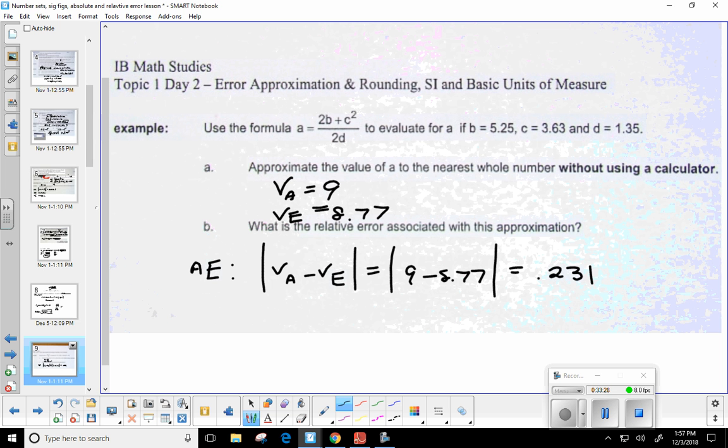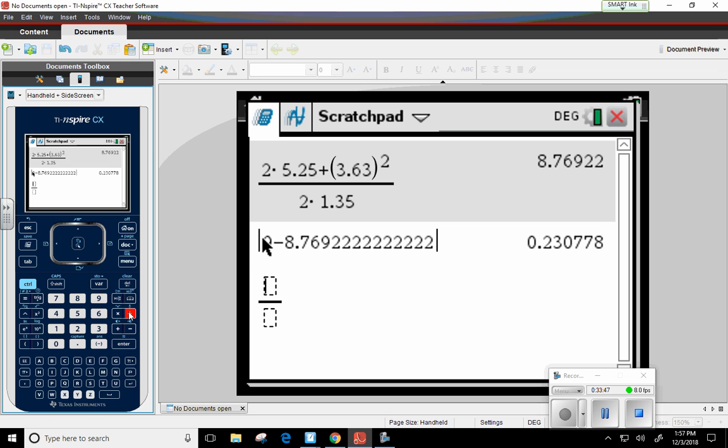There you go. For the relative error, we take the absolute and divide it by v sub e. So I'm going to take this value we just found and divide it by the exact value. Control divide. Let me highlight this one, enter.